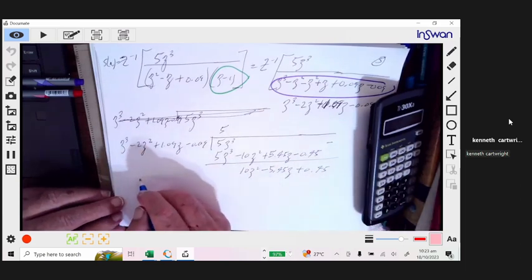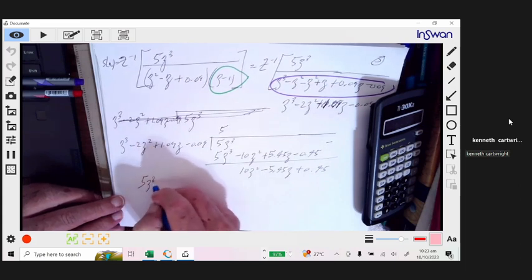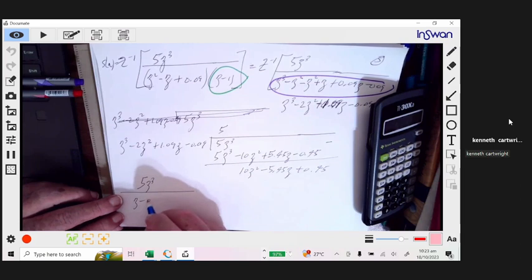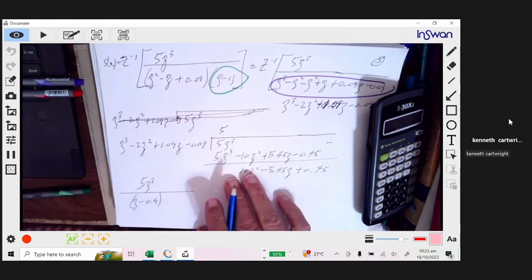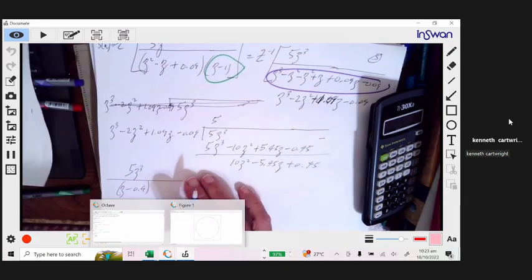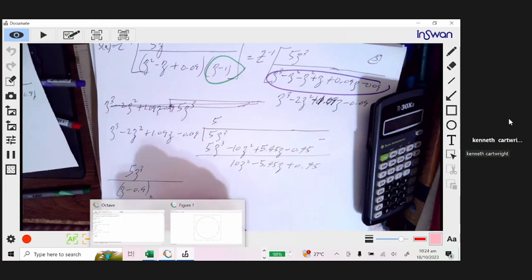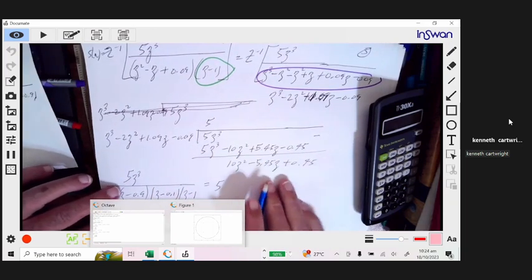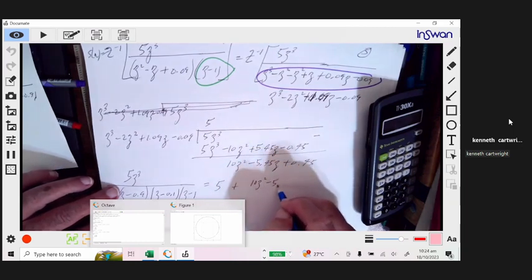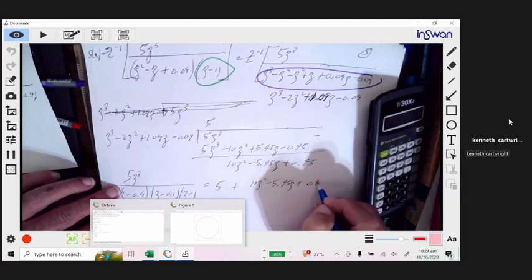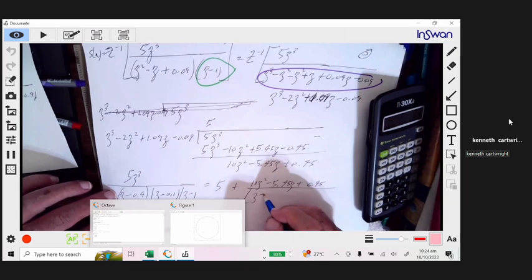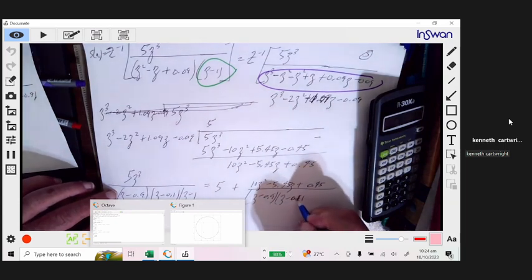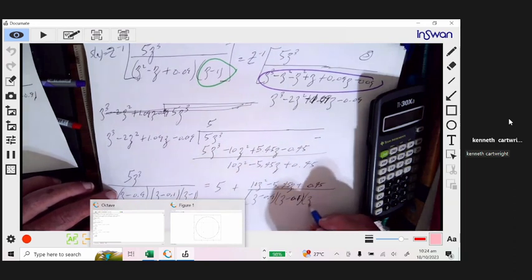So 5z cubed over z minus 0.9, z minus 0.1, z minus 1 is equal to 5 plus 10z squared minus 5.45z plus 0.45 over z minus 0.9, z minus 0.1, z minus 1.